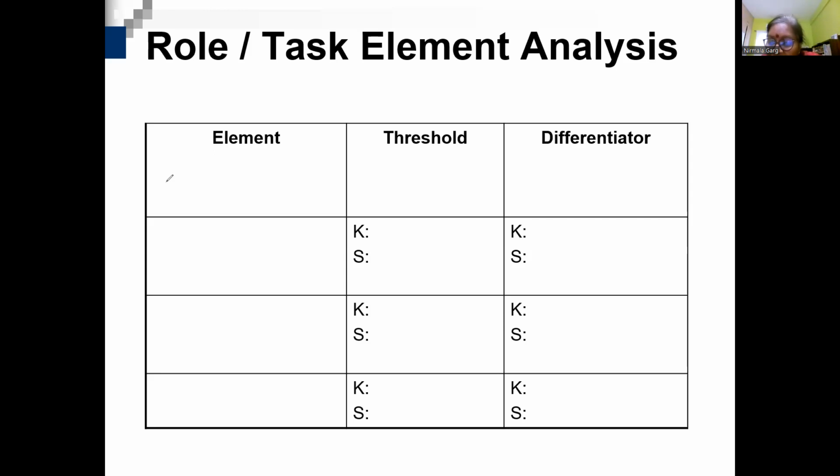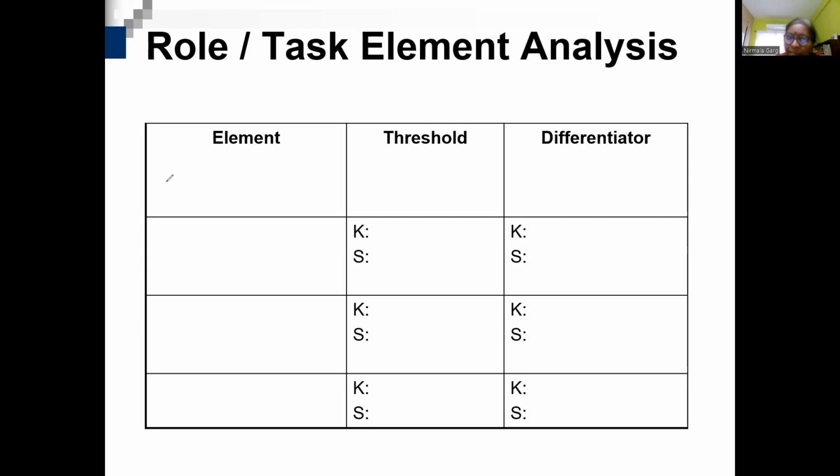For example, a recruiter will go to agencies, go to portals, go to headhunters for sourcing of CVs. That means he is doing several activities for achieving one broad element called sourcing. So there are several activities which go into doing a particular broad task or element, you can call it.